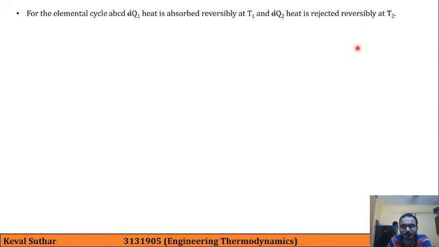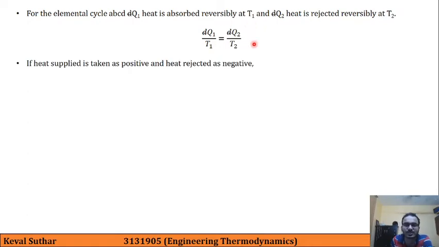Here heat δQ1 is absorbed reversibly at T1 and δQ2 heat is rejected reversibly at T2. So we can write down this formula, as we have studied in our previous chapter.